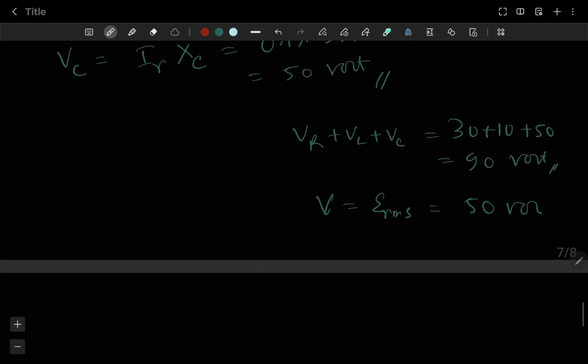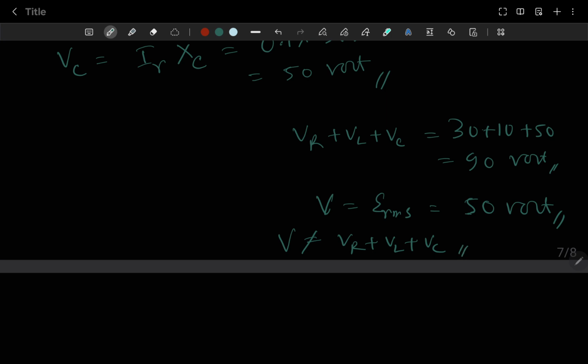So they are not equal, okay, it is expected, this is AC. Here the phase factor will be introduced, so obviously the sum of scalar magnitudes will not be equal like DC. It is expected that V will not equal the sum of these.